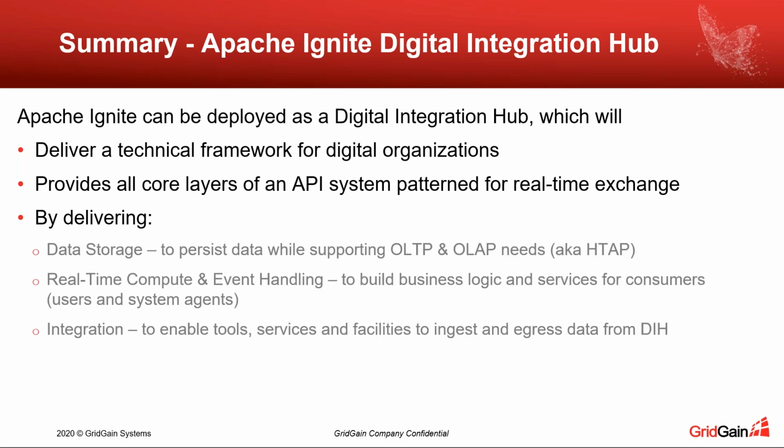And it delivers storage for persisting your data in both OLTP and OLAP-based approaches, aka the new HTAP, hybrid transaction analytic processing, giving you real-time compute and event handling to build your business logic and services for your consumers, users, and systems, and has integration facilities to enable tools, services, and facilities to ingest and egress data from your data integration hub.